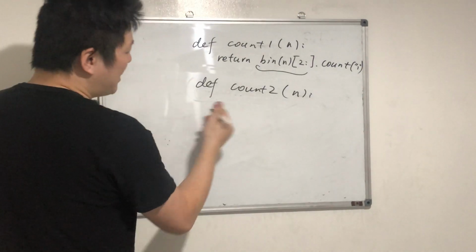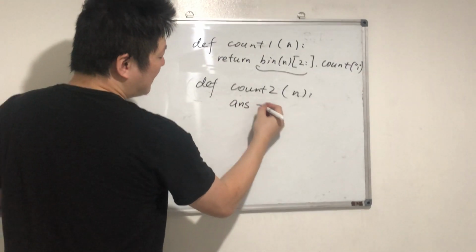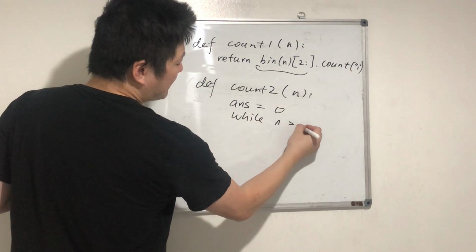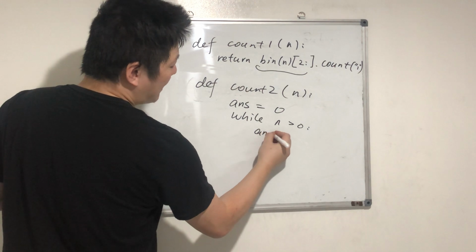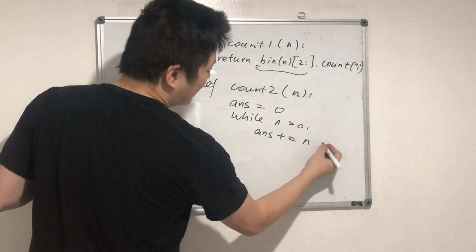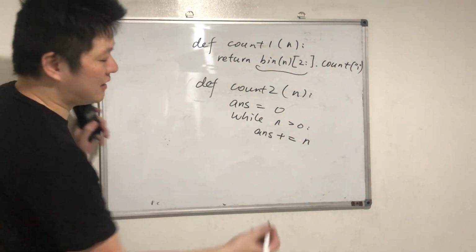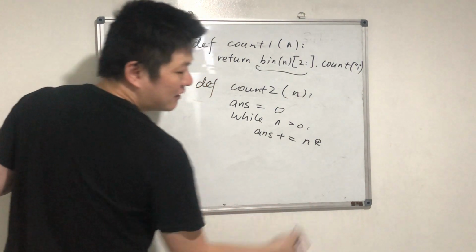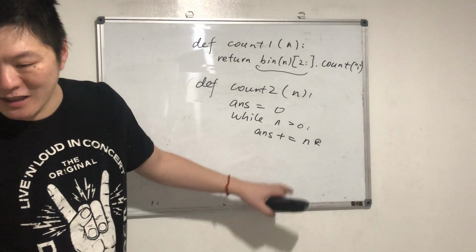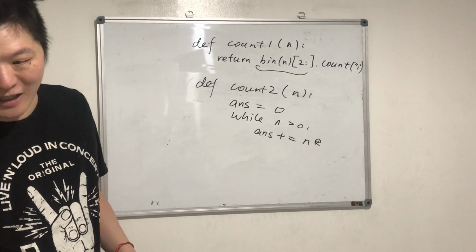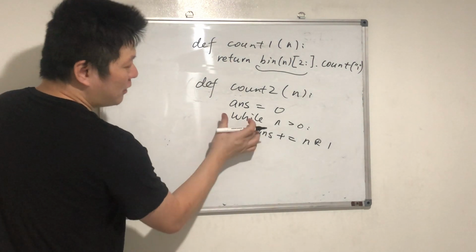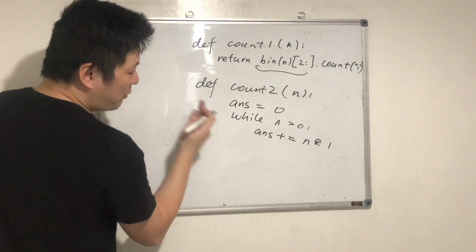So we can do this. Answer equals 0, while n is bigger than 0, answer plus equals n and 1, because the last bit is n and 1. Do you still remember? And then I want to remove the last bit.